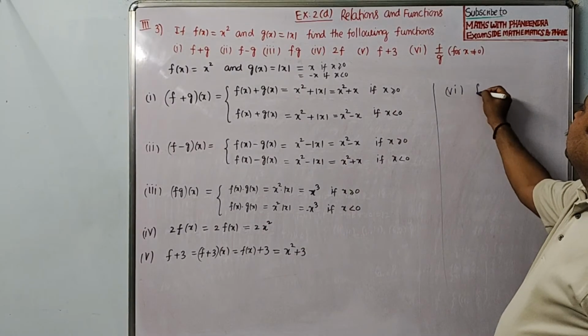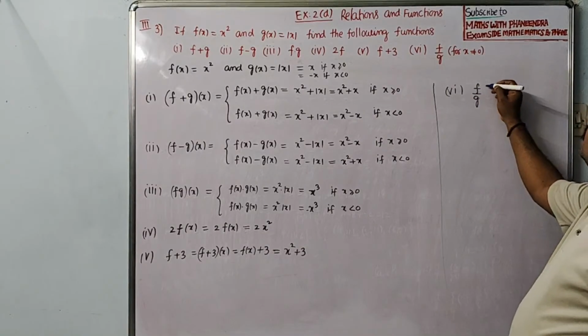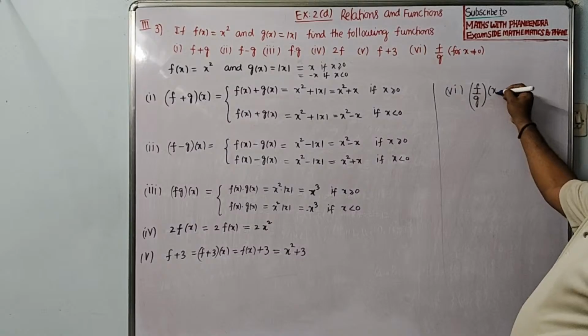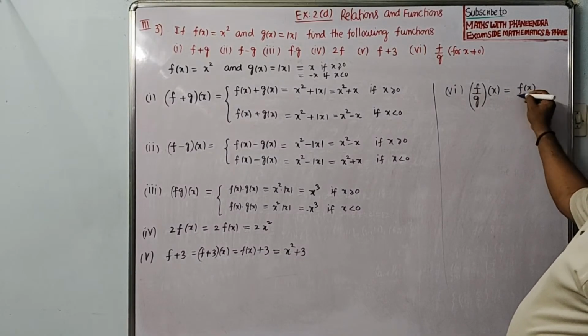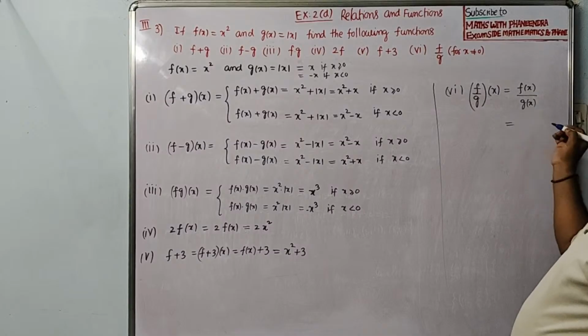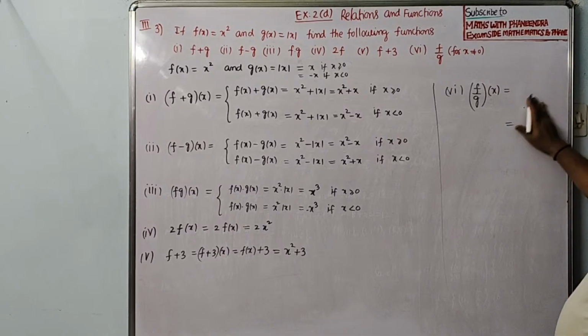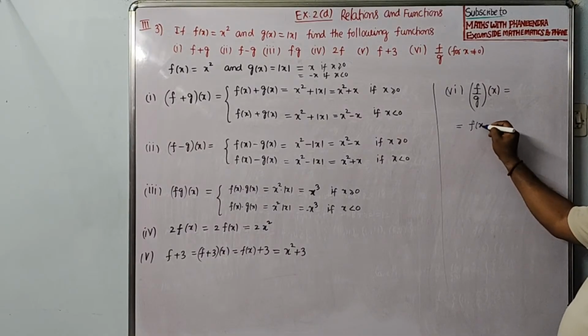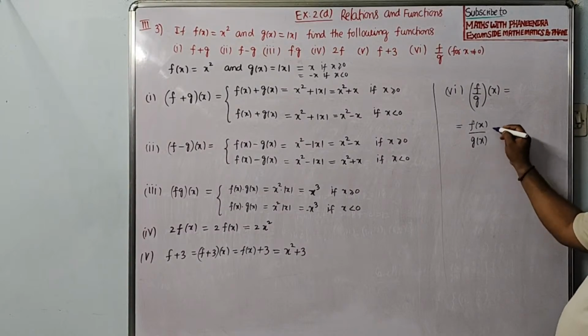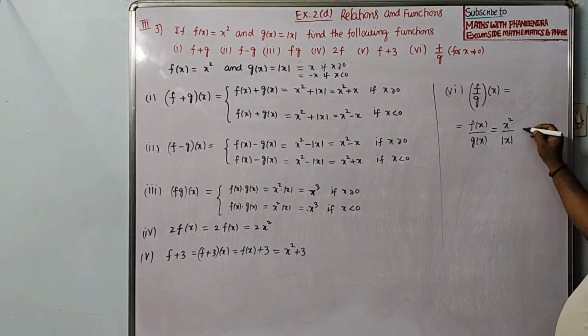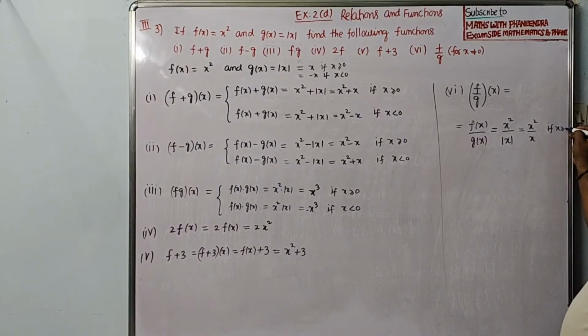Next, sixth one, f by g of x. So f of x divided by g of x. f of x means x squared by g of x, which is mod x. This is equal to x squared by x if x is greater than or equal to 0, so this we can write as x.